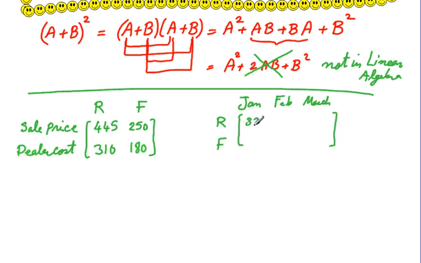So here are some examples; it doesn't matter what numbers you had. So what could we be interested in? We could be interested in finding how much revenue we had for the sale of these things in the month of January.